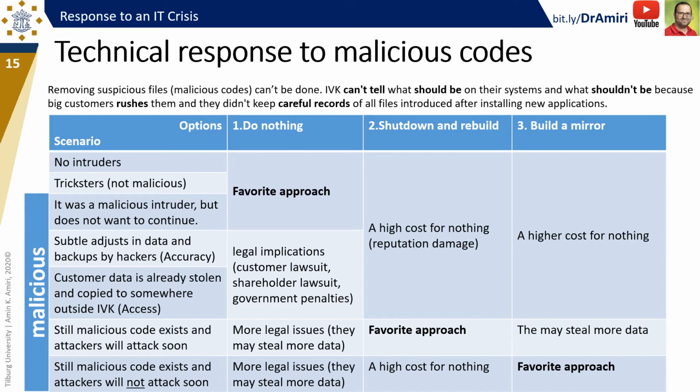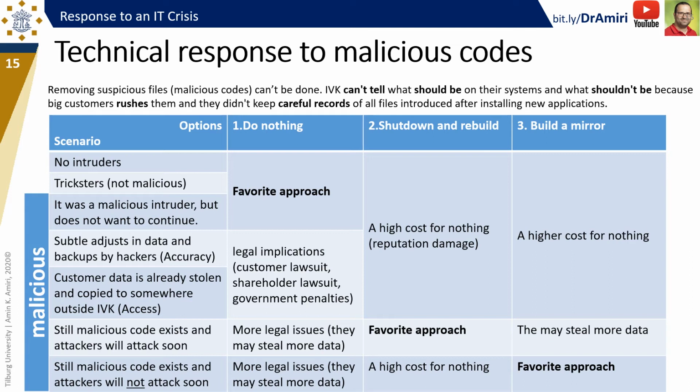However, with regard to different scenarios, we could have no intruders. In that case, doing nothing would be great. If everything was a hoax and no one was inside the computers and there are no malicious codes, then doing nothing would be the best action.